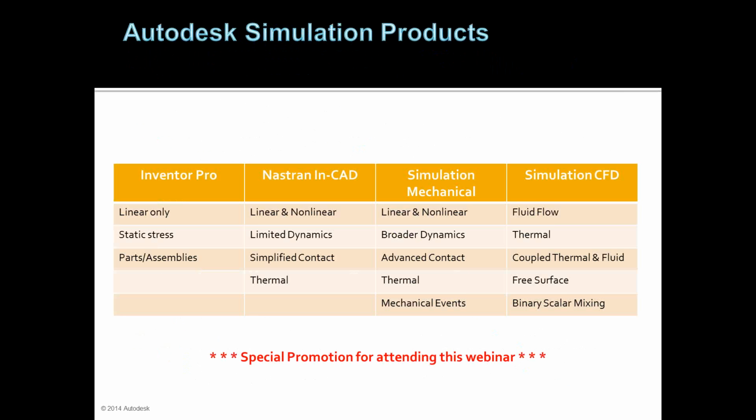So looking at this chart, we're starting in Inventor Pro. And again, that's linear only, static stress, parts and assemblies. Above that, we get more advanced simulation capabilities. We have the Nastran NCAD, which will do linear and nonlinear. It has some limited dynamics, has a simplified contact set, and it can compensate for some thermal. Above that, we have Simulation Mechanical. Again, it will do linear and nonlinear. It has a much broader range of dynamic simulation, a much more advanced contact set.